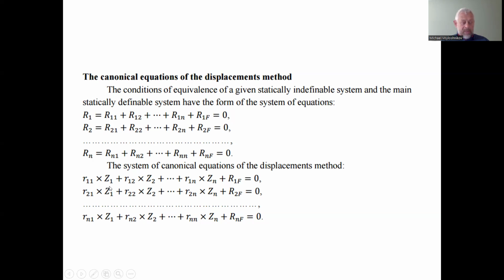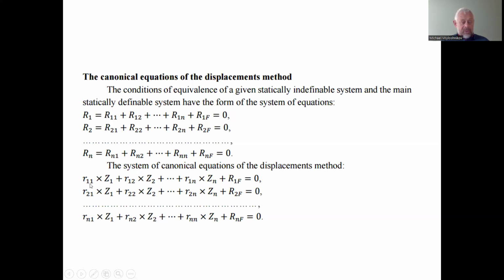So the unit displacement, not unit force, but unit displacement, causes the appearance of force. And due to the concept of elasticity of the mechanical system, the force is proportional to the displacement.